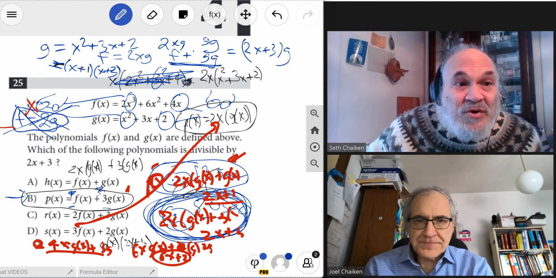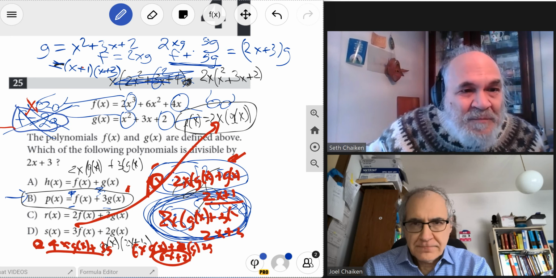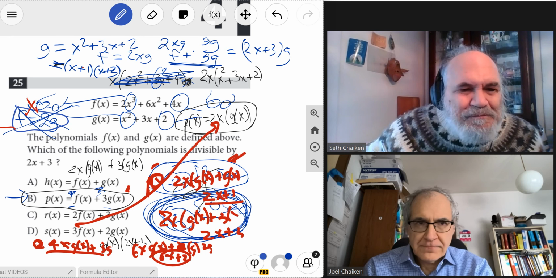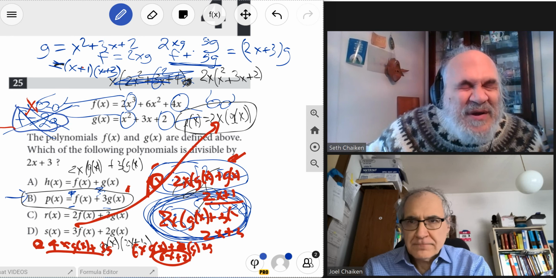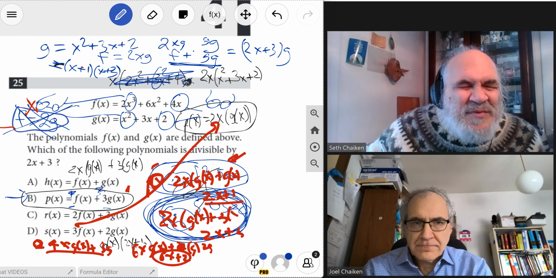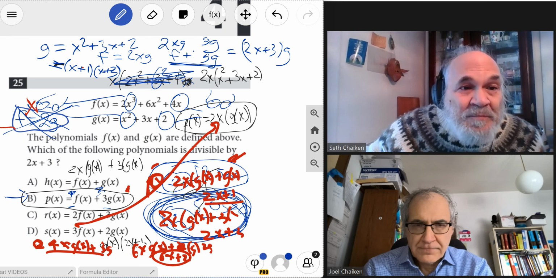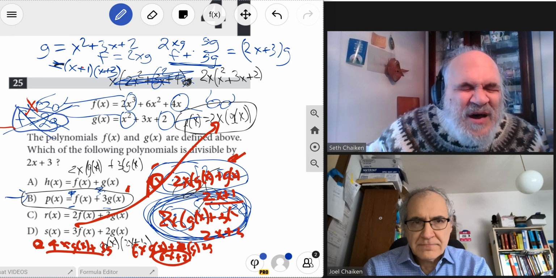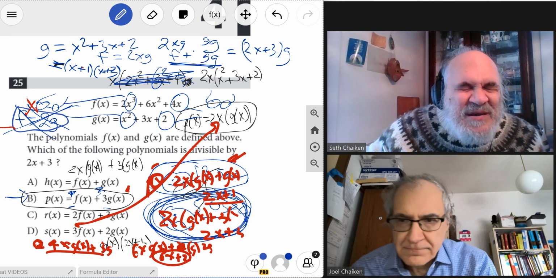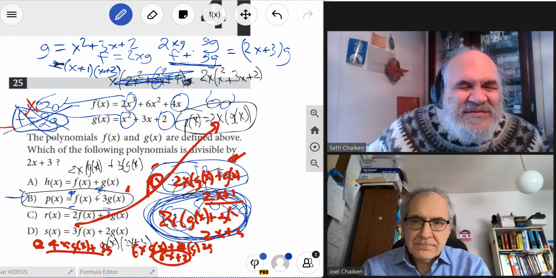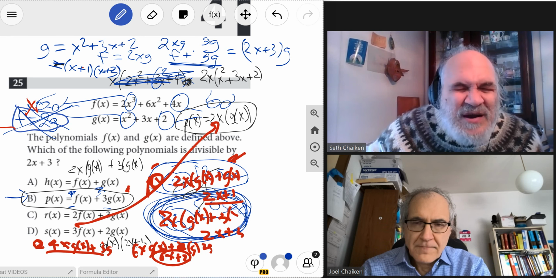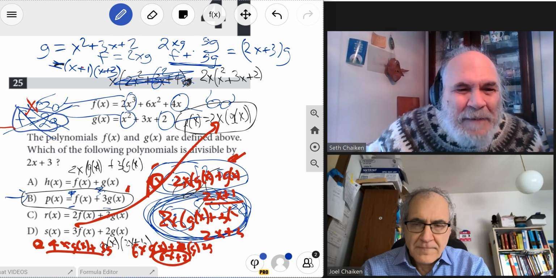So the only case where the new polynomial is divisible by 2x plus 3 is B. None of these besides B has some number of f's added to 3 times the number of g's, right?